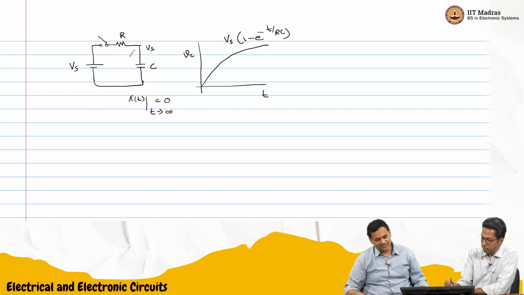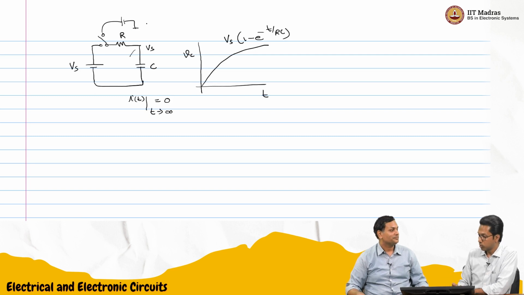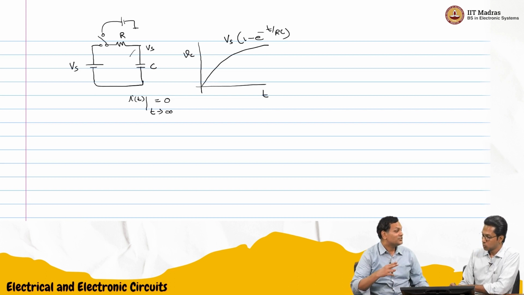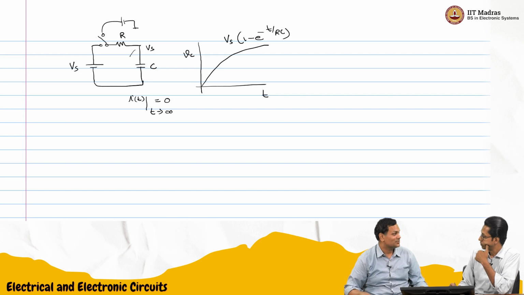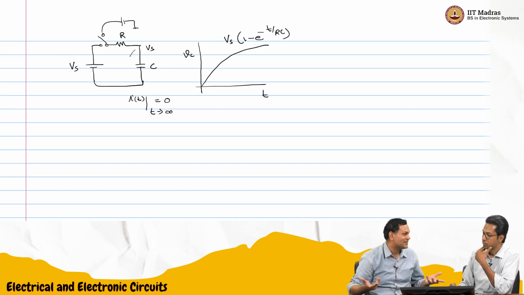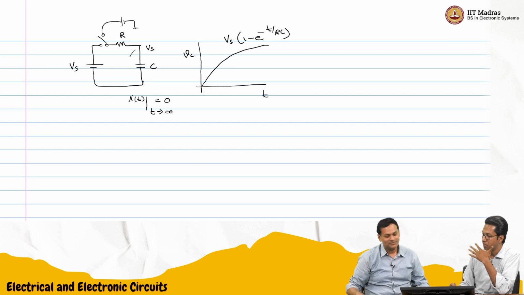Maybe initially it is connected to some other source, a different voltage, and then it is switched to another voltage. It can get complicated. Or you could have this switch closed and then opened suddenly, and find out how the voltage behaves. Not in this case, because if you just open it, the capacitor voltage ideally just stays there. But we should do problems like this.